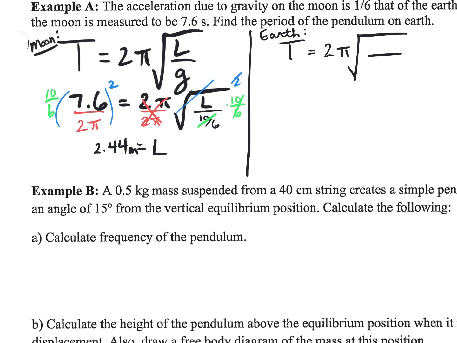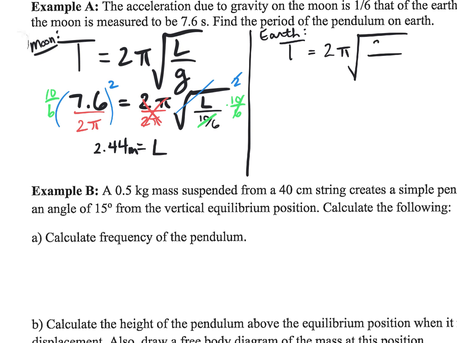So is the gravity on Earth bigger or less than the gravity on the moon? Bigger. So if the gravity is bigger on Earth than on the moon, do we expect the period to go up or down? Down. It's an inverse relationship, isn't it? So if the gravity on Earth is higher than the moon, then the period ought to be shorter. So if you get something that's not shorter, you did something wrong, didn't you?